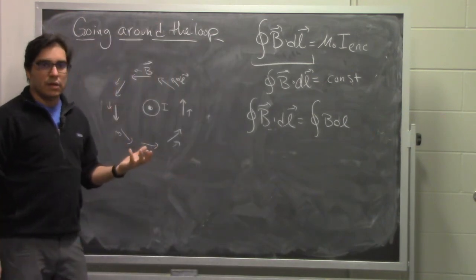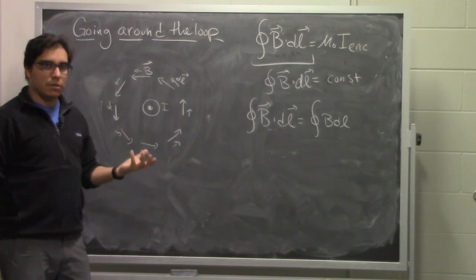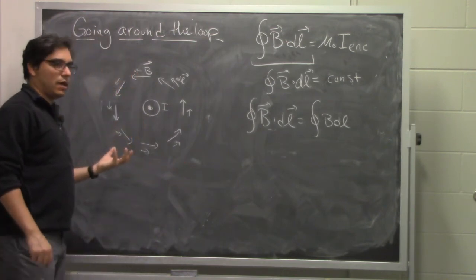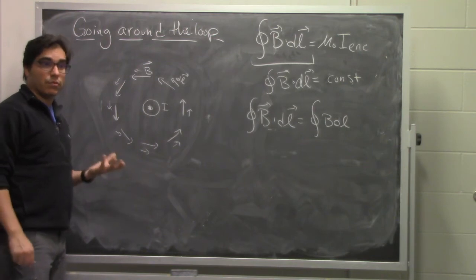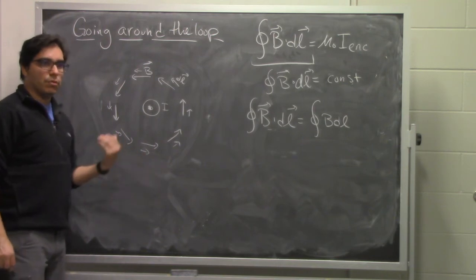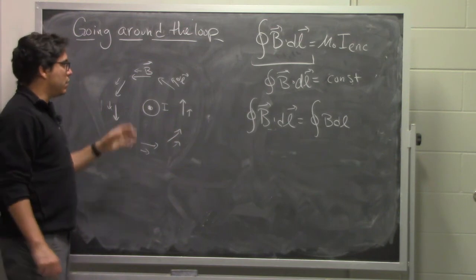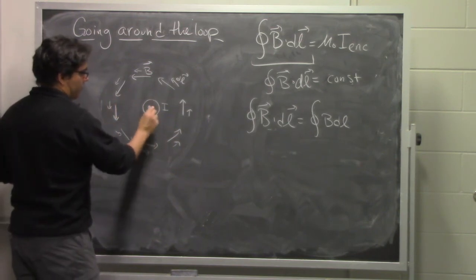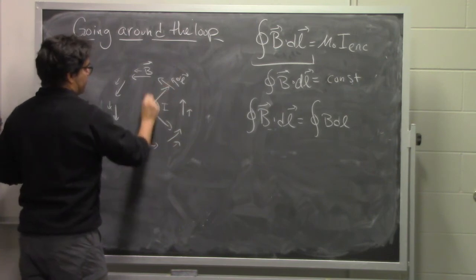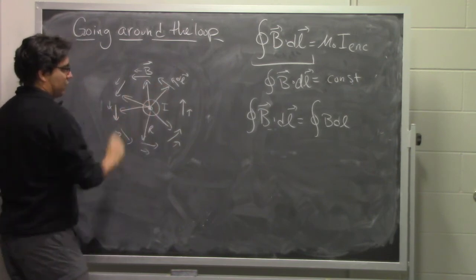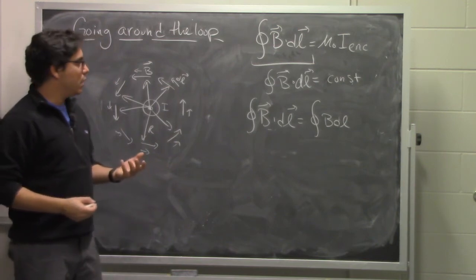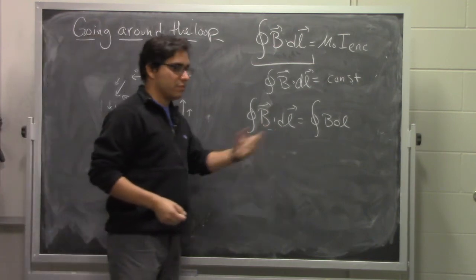What's also really nice is if you can argue, like we did with Gauss's law, that the magnetic field is constant over your choice of loop, then you can pull that magnetic field outside of the integral. And that's true for this case. At any given distance r, the magnetic field has a constant magnitude, and we've already dealt with the direction through the dot product.